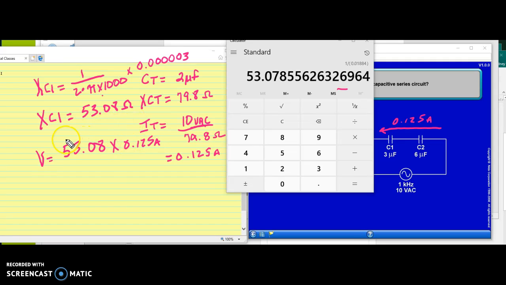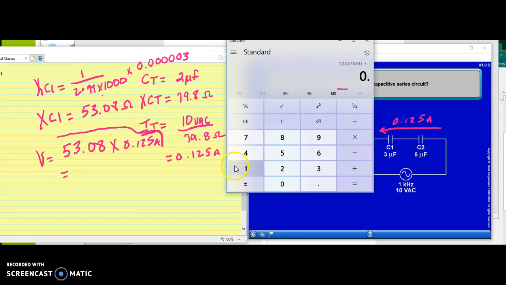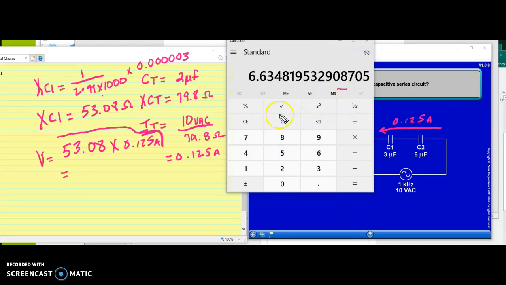And that equals, we'll take this value in our calculator, times 0.125 equals 6.63 volts.